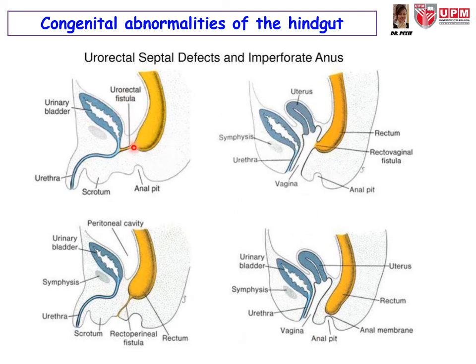In the male, what we see is the urorectal fistula, and here is the rectoperineal fistula. In the female, this is where part of the rectum is connecting to the vagina, known as the rectovaginal fistula. And here is showing the imperforate anus.